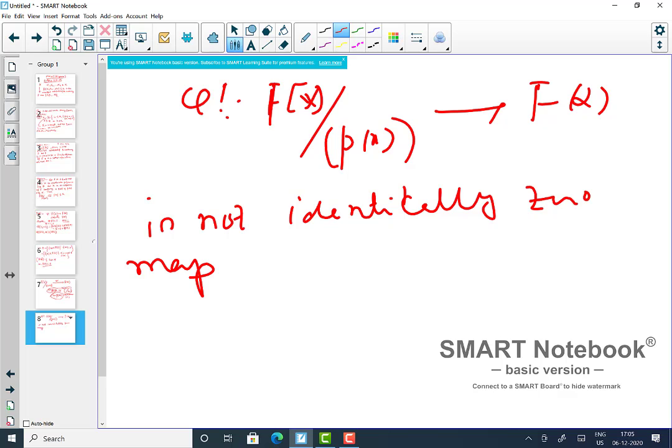Because this phi dash maps 1 to 1, so 1 goes to 1 under phi dash. Now you have a field here and a field here, so any field homomorphism is either the 0 map or an injective map. You recall it. So thus phi dash is an injective homomorphism, right?